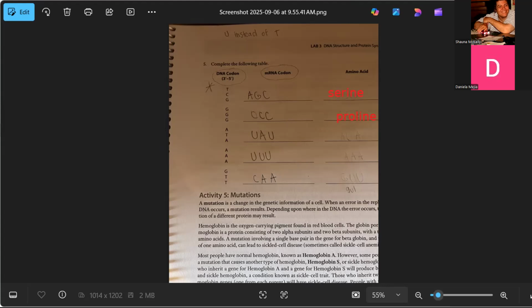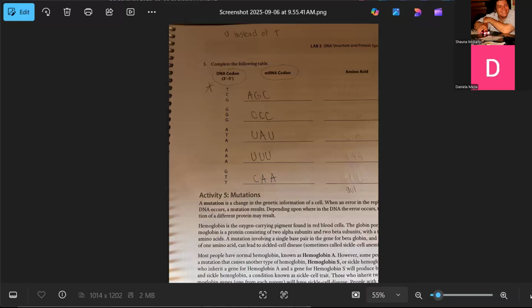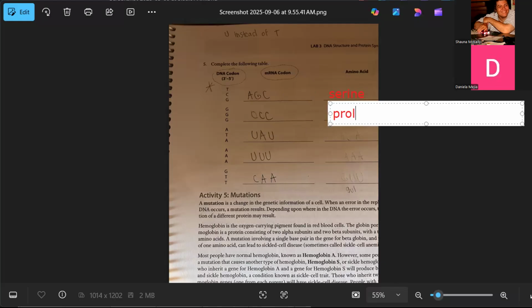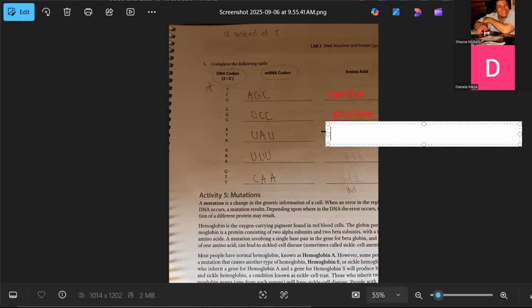and I'm working on the next, hold on. Now I have serine, proline, triazine, UUU, which comes from AAA.